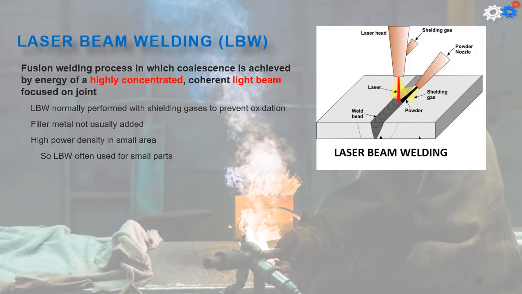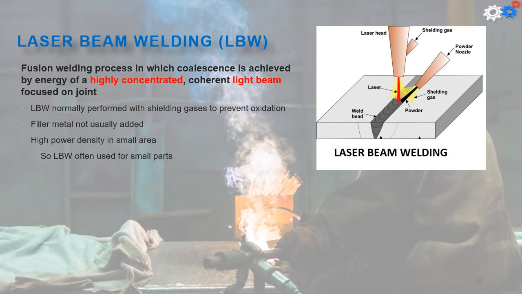Laser beam welding is a fusion welding process in which coalescence is achieved by the energy of a highly concentrated, coherent light beam focused on the joint. Laser beam welding is normally performed with shielding gases to prevent oxidation. Filler metal is not usually added.